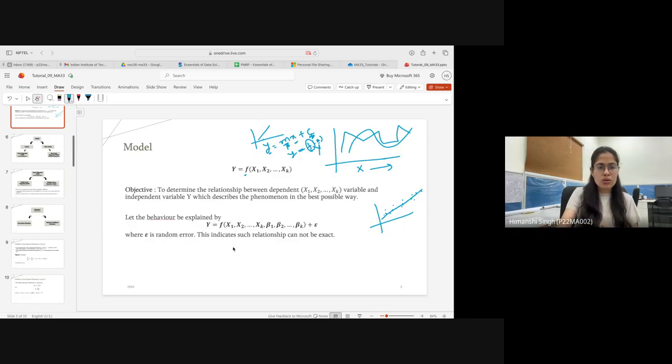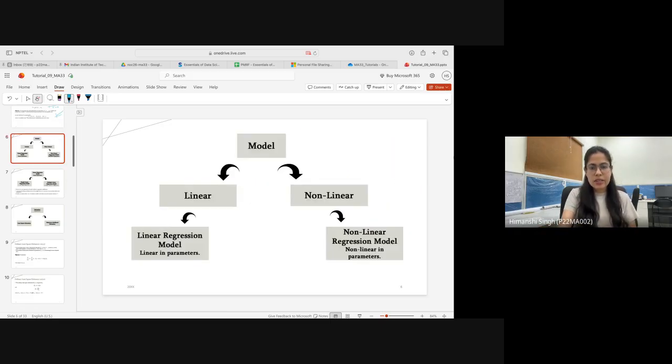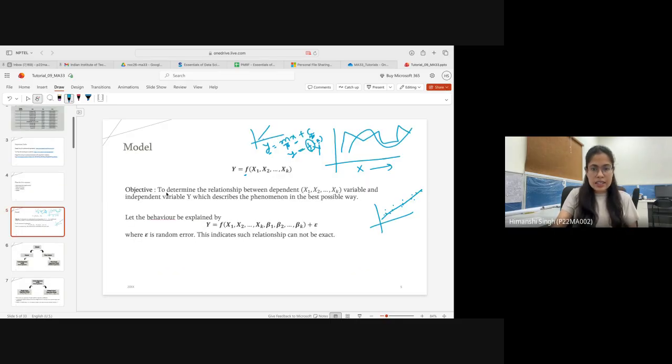Okay, so in the next slides, basically this is a model, that is y is equal to f of x1, x2, ..., xk. Now the model here can be linear, it can be non-linear. Linear and non-linear here means we are talking about the function.